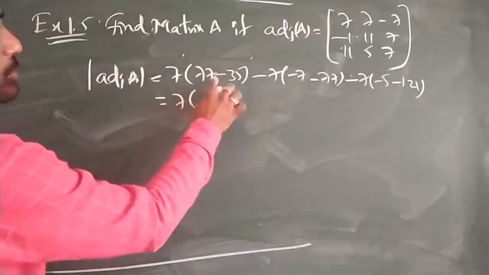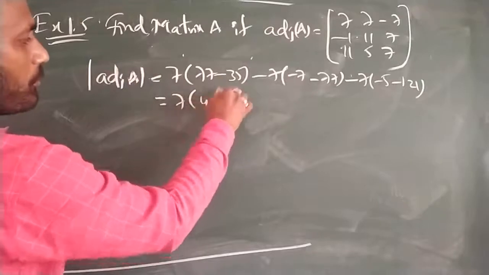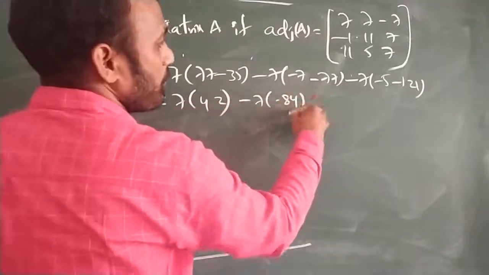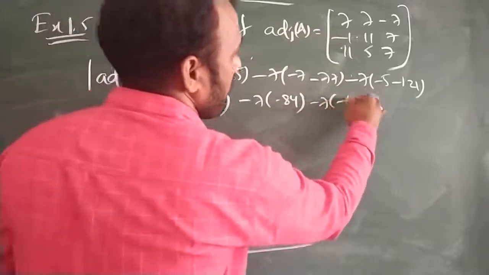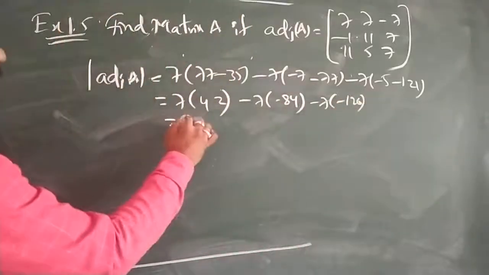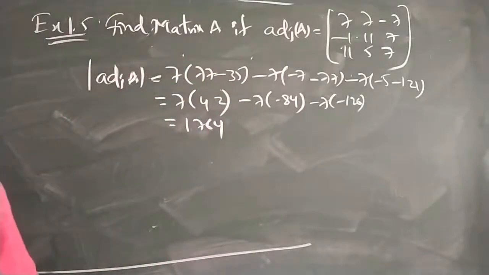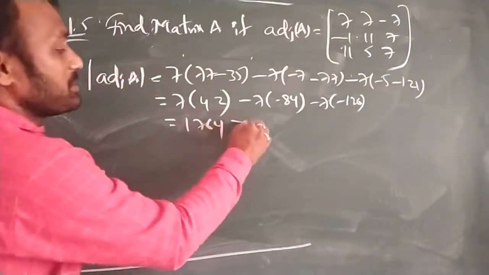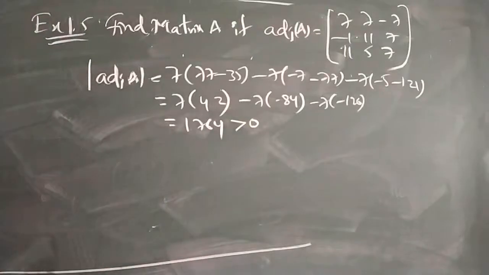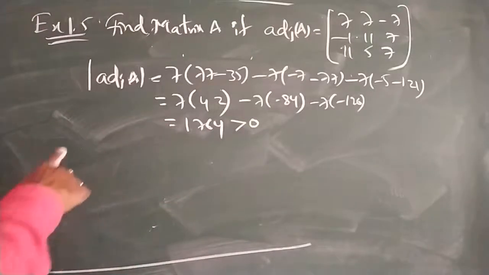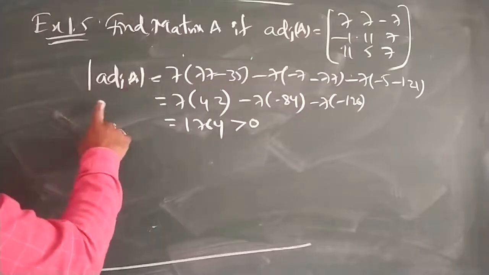So 7 into 42, minus 7 into minus 84, minus 7 into minus 126. If we simplify, we get the answer as 1764, which is greater than 0. So that is the value of the modulus of adjoint A.